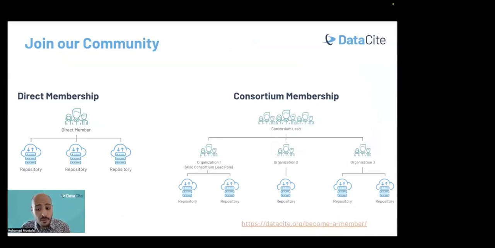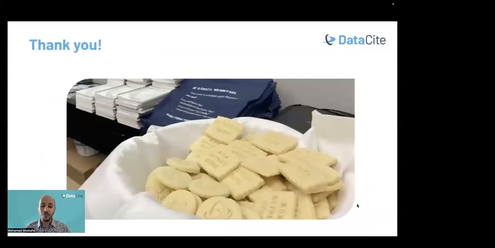So if you are a group of universities in one country or in one region, or a national center, and you want to start a DOI consortium in your country and give all your universities access to connect their institutional repositories with us, you can also join our community. I added the URL here if you want to know more information.